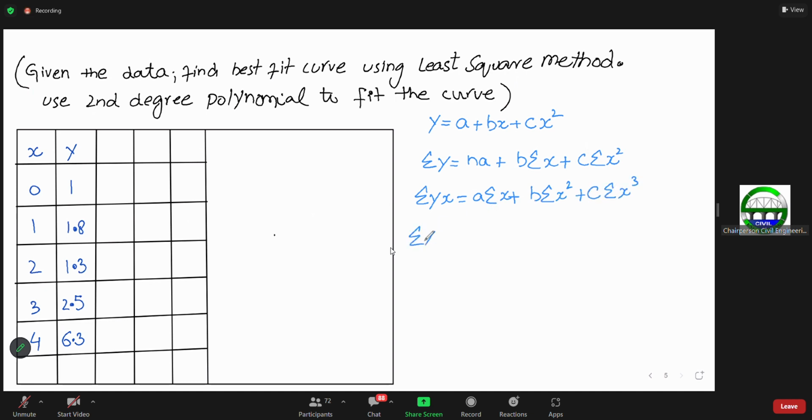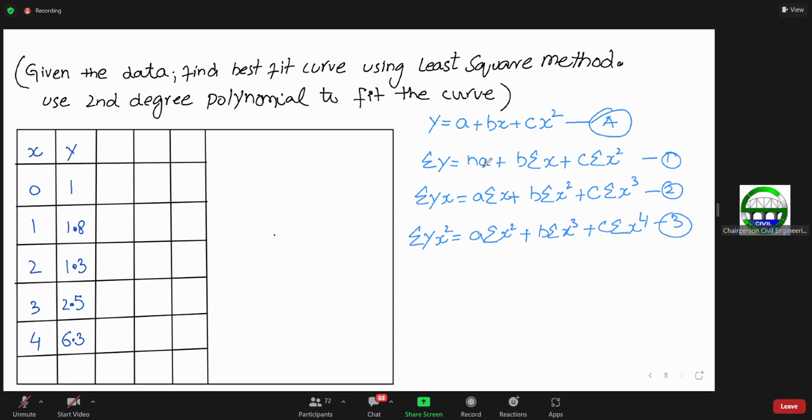Again multiplied with the x, so it will be sigma x squared y is equals to a sigma x squared plus b sigma x cubed plus c sigma x raised to power 4. So now we have equations 1, 2, and 3. And this is your main equation.